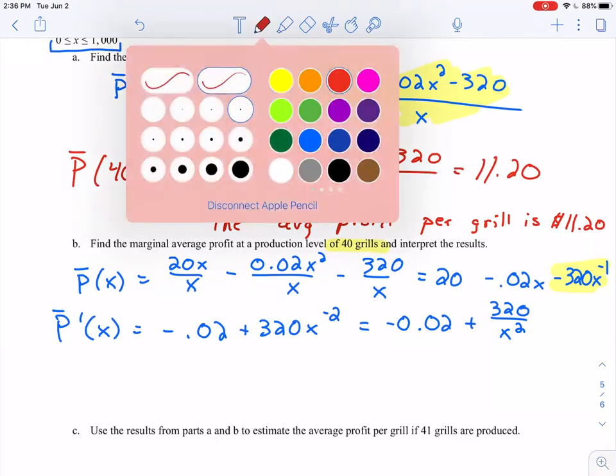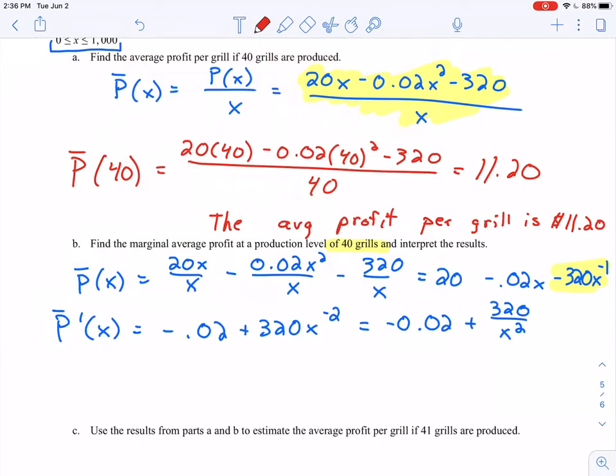So I think it's just a little bit easier to work with when we want to evaluate this function at different numbers. So P bar prime of 40, we'll take 40, plug this in for x here: negative 0.02 plus 320 divided by 40 squared.